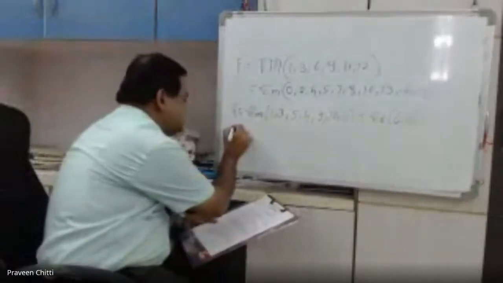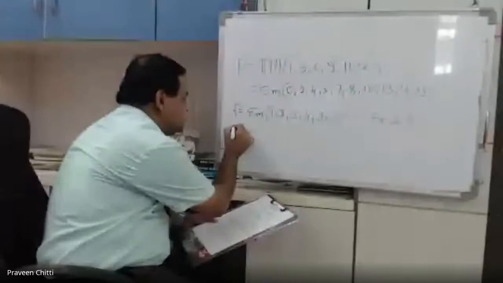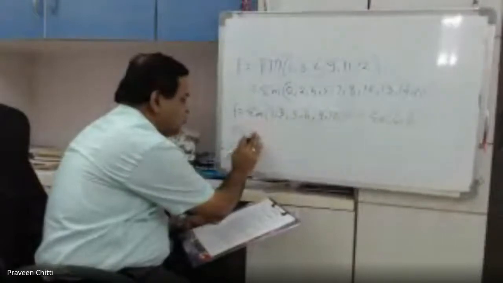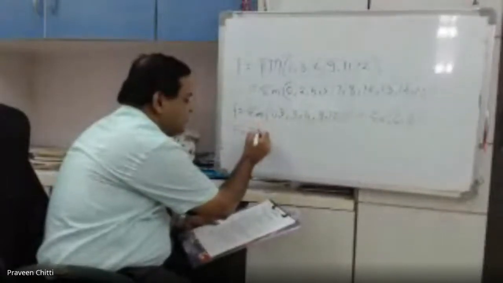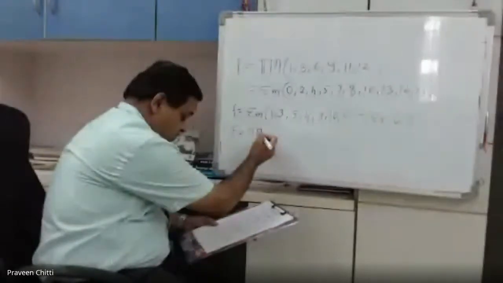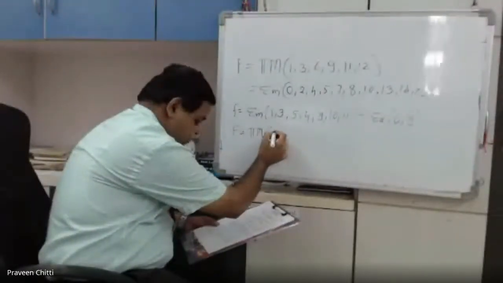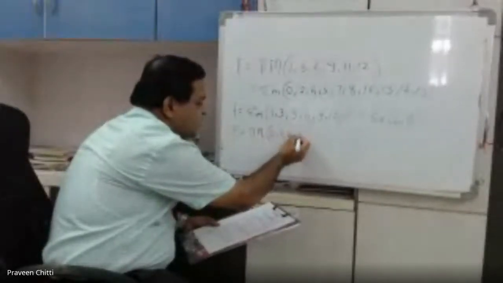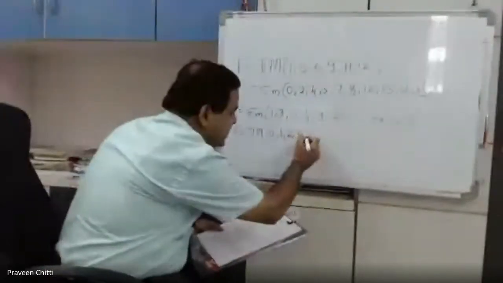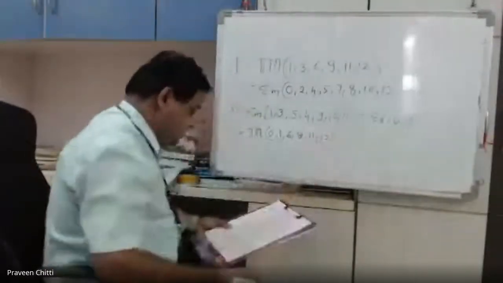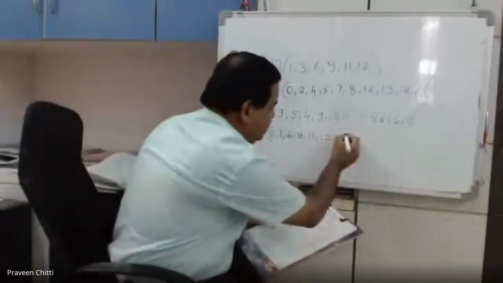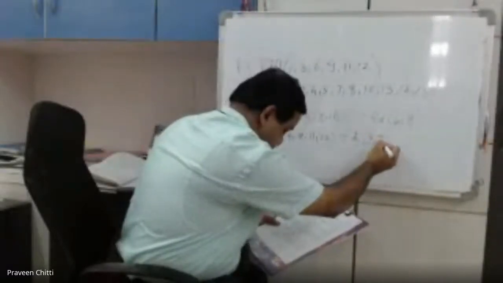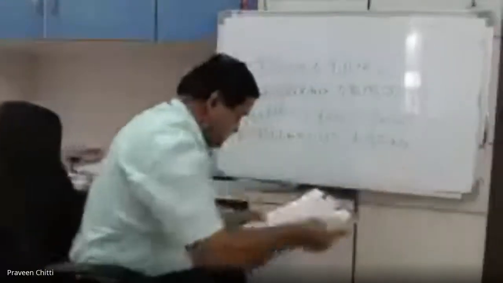You can have this: F equal to pi m 0, 1, 6, 8, 11, 12 plus don't cares 3, 7, 4, 5.